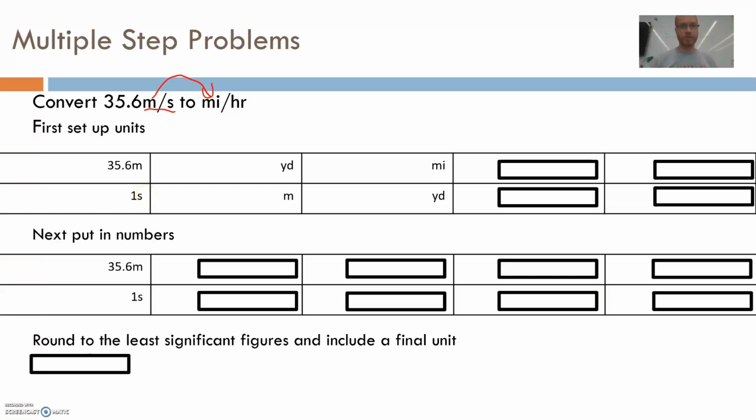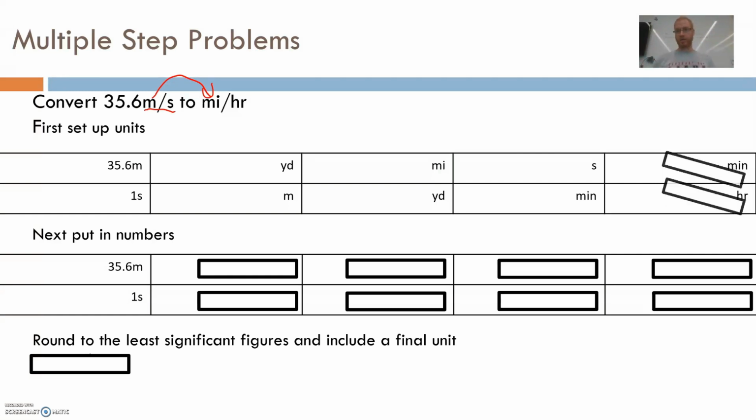Now notice, seconds is in the denominator here. So where do you need to put it if it's going to go away? If it's in the denominator, you got to put it in the numerator if you want it to cancel. So you're going to put seconds on top and minutes on the bottom. Now if you know the conversion from seconds to hours, you can go straight from seconds to hours. Again, more than one way to do these.